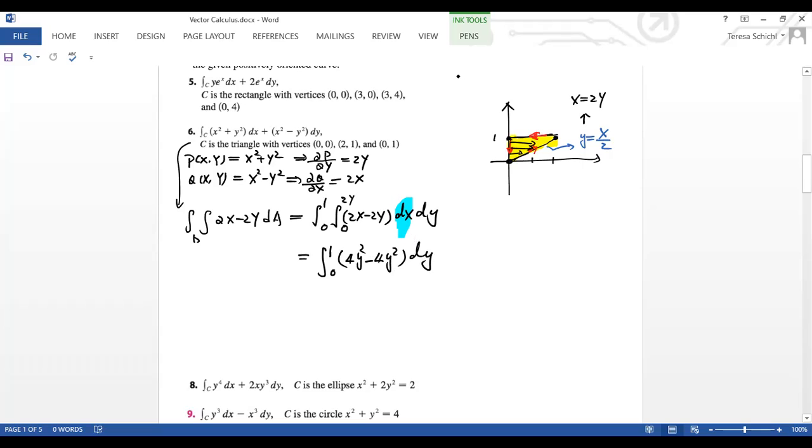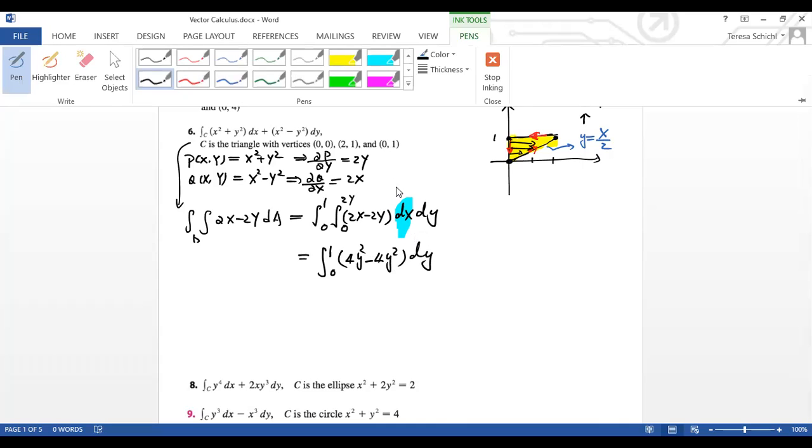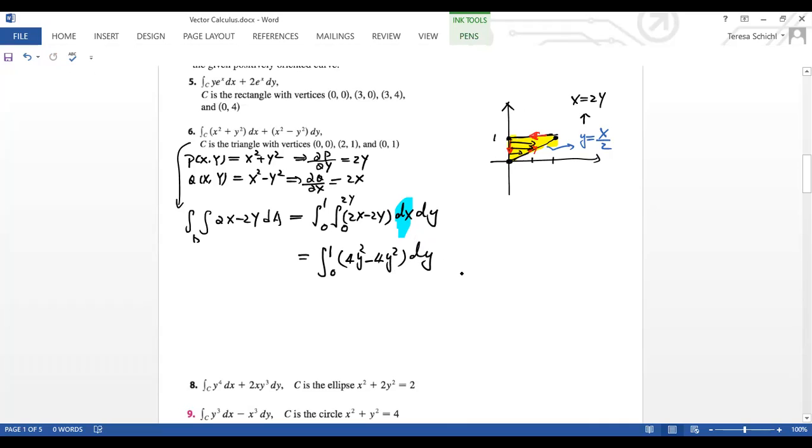I have zeros here, right? So 4y squared minus 4y squared will give me 0. Wow, that's interesting. All right, okay. So that is number 6 here.